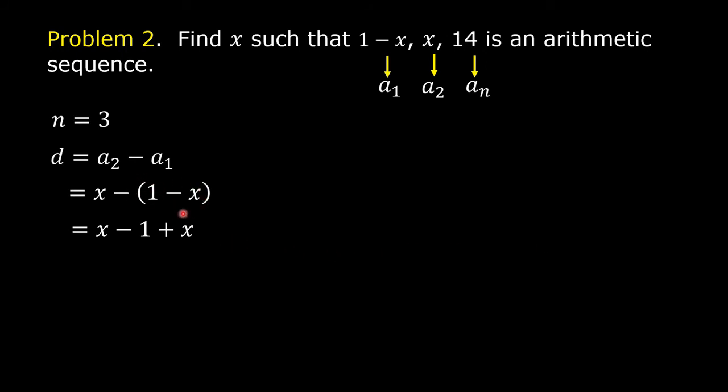The parenthesis is preceded by a minus sign, so 1 is negative 1 and negative x becomes the positive x. And then simplifying, we have d is equal to 2x minus 1.